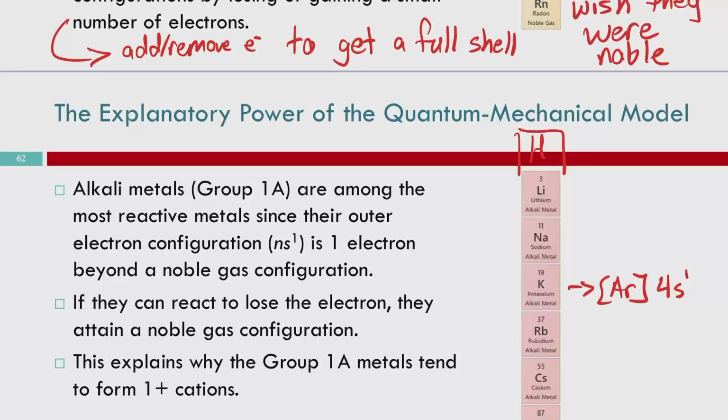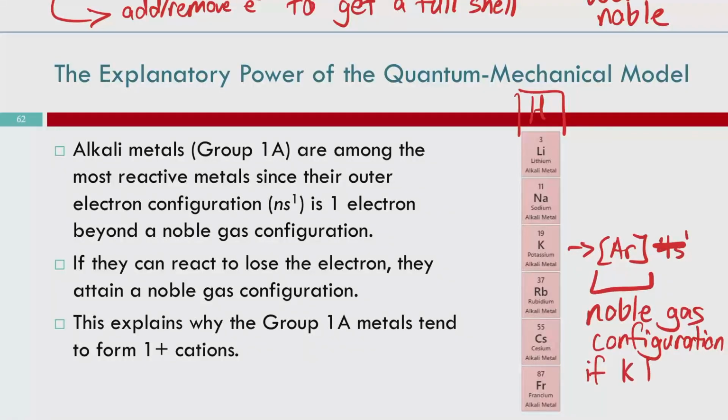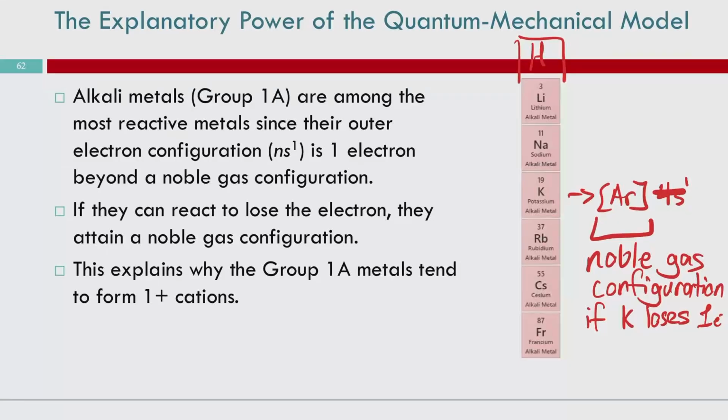What if we got rid of that 4s1? Now what's the electron configuration? It's just argon. So we've got a noble gas configuration just waiting, lurking underneath the surface. So if potassium loses one electron, then it attains noble gas configuration.